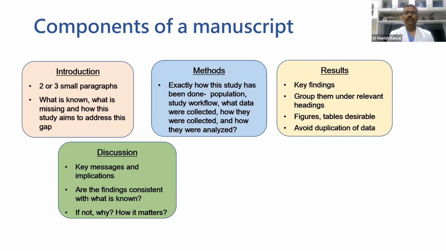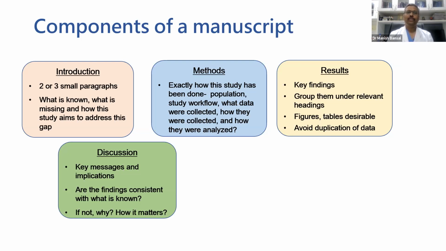Now in discussion, the main goal is to discuss key messages of the study, their implications, and the findings that we have got: are they consistent with what is already known? If not, then what could be the explanation of our findings and how they are relevant for future work. So that is what we should discuss.